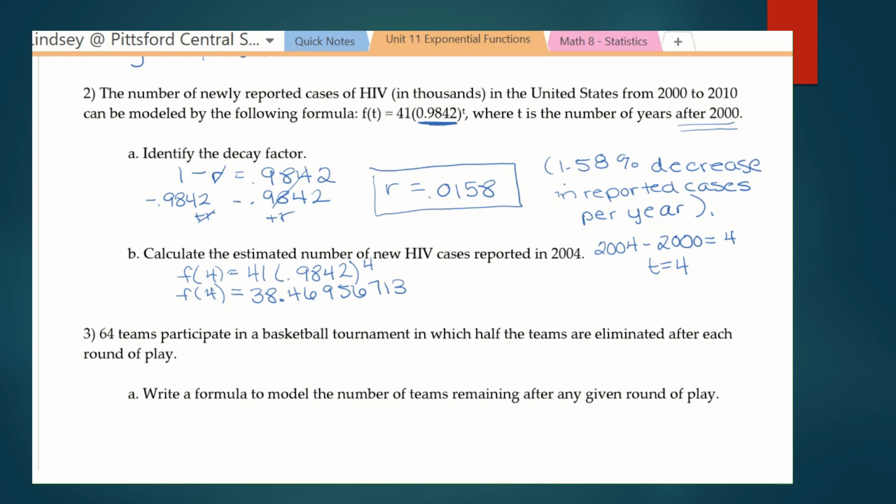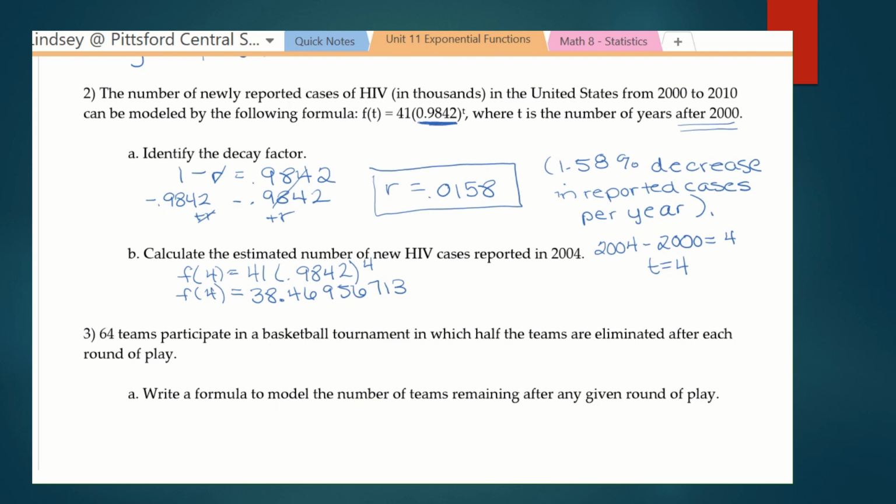So what we're going to do is round this up. The reason is that we don't want to forget about the 0.4695671 cases. We want to make sure those are also included in our estimate of how many new HIV cases could be reported. And again, if the government or healthcare was trying to use this number, you want them to be over-prepared than under-prepared.